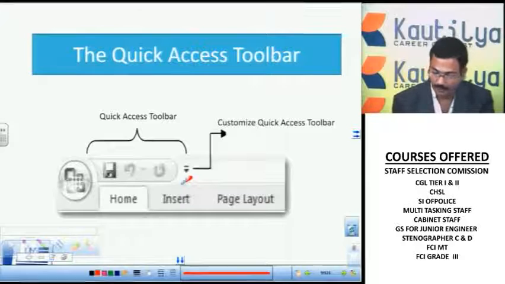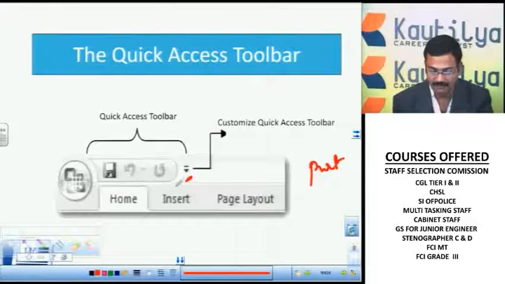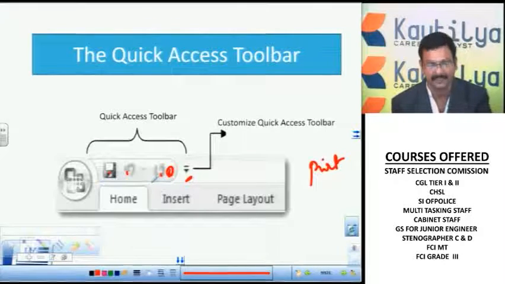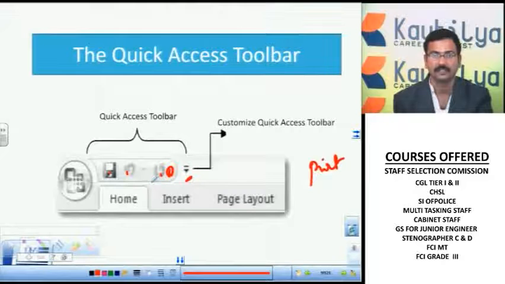If I want to place a print button, I select print from the list, and it is added here as a print button. Initially there were three buttons, and now it becomes four buttons in the quick access toolbar. So whatever you want, things can be included or excluded here, which is why we call it customization.